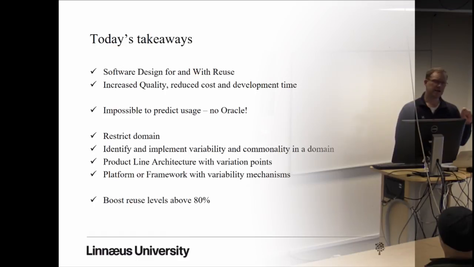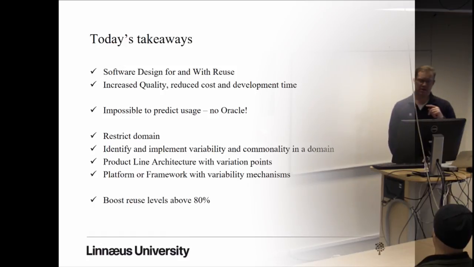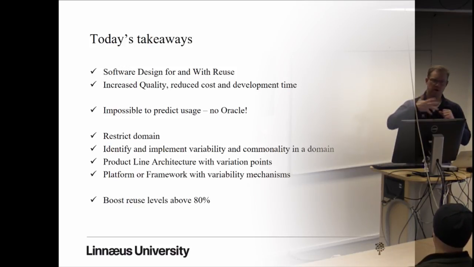The challenge here is actually, when you develop for reuse, to predict how this will be reused. And when you reuse, to specialize, to make it work within your product. So software product lines try, by narrowing down the scope, to address this problem of prediction.